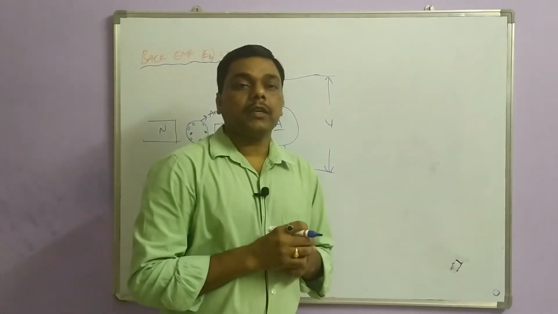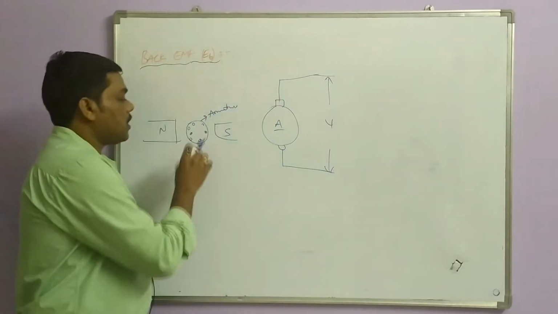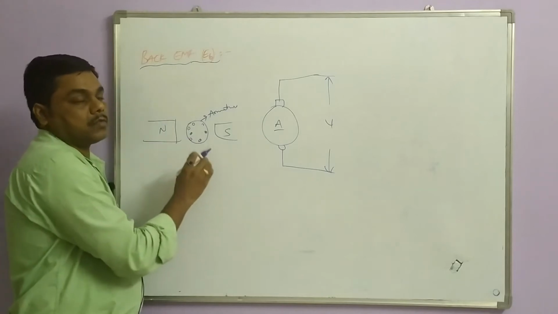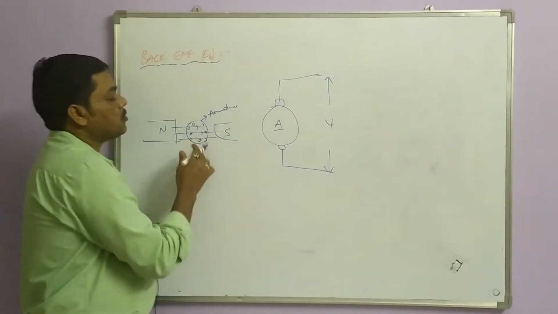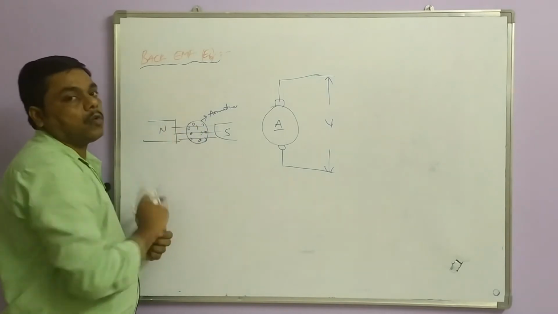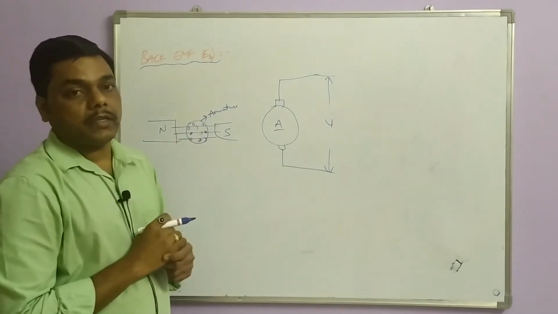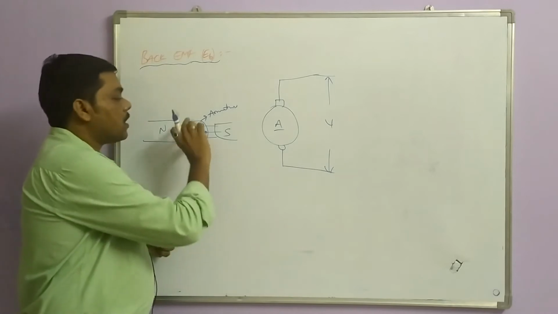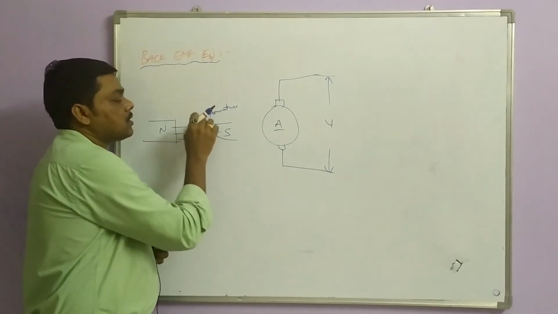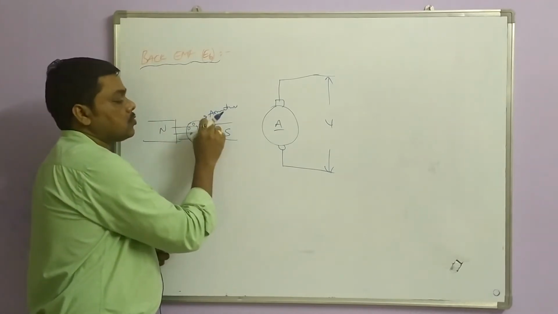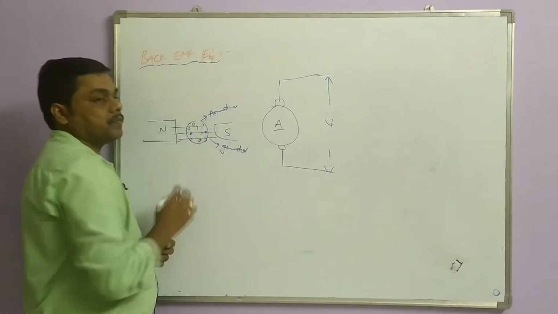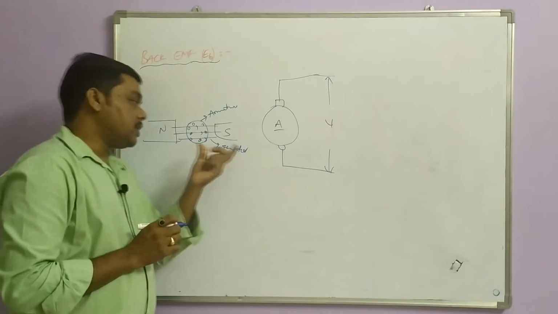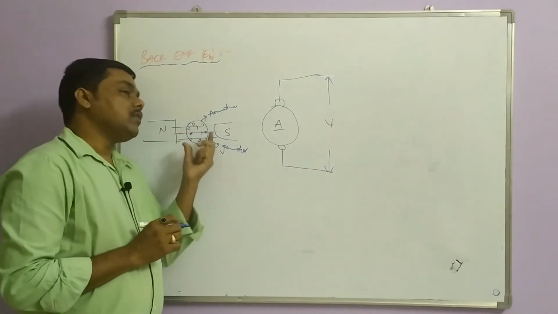As per Faraday's laws of electromagnetic induction, when a conductor cuts the flux, where is the flux? The flux is flowing from north pole to south pole and these conductors are rotating, similar to DC generators. So when these conductors rotate, they cut this flux, so there is a generated EMF.